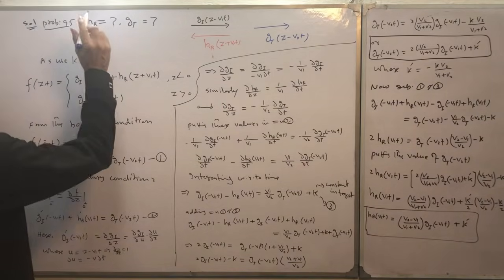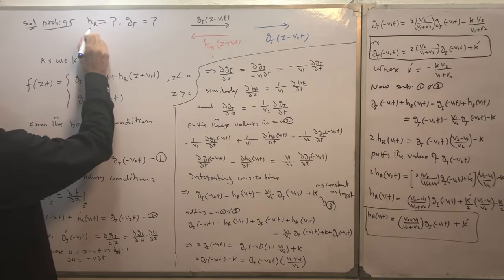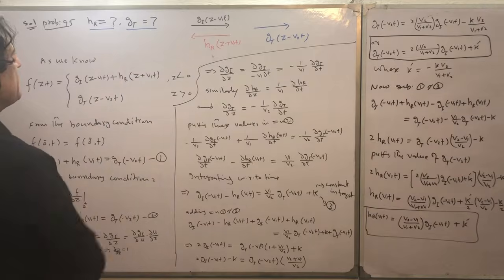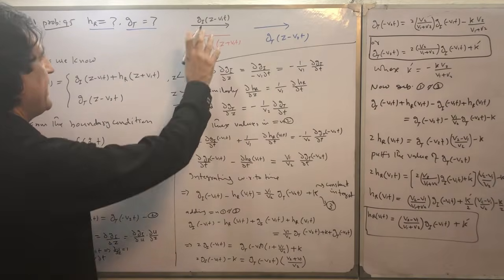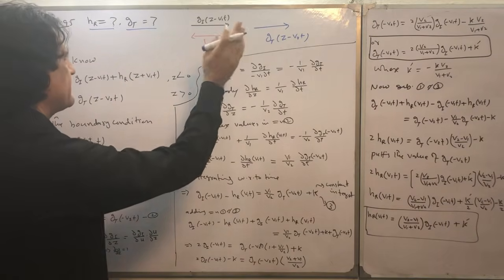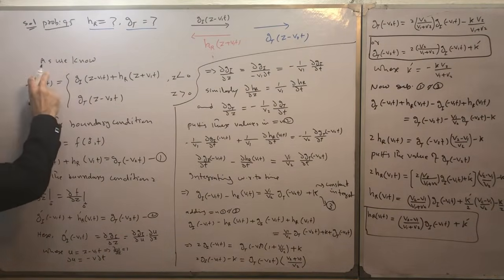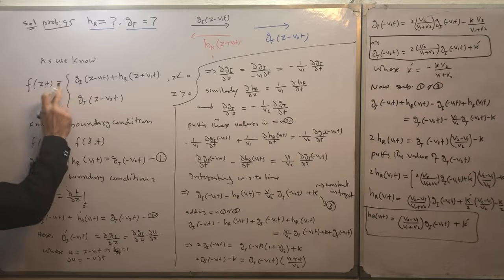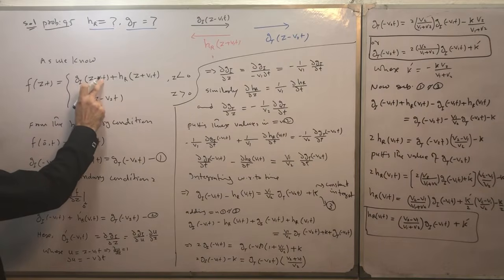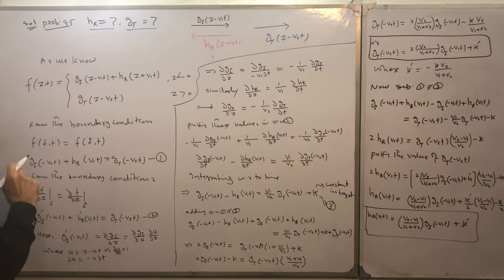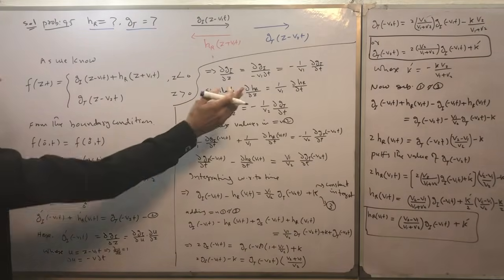So the point is we are asked to find HR and GT, given the specified incident, reflected and transmitted waves. We will start from this equation: Gi(z minus V1t) plus HR, for z less than 0, and z greater than 0.